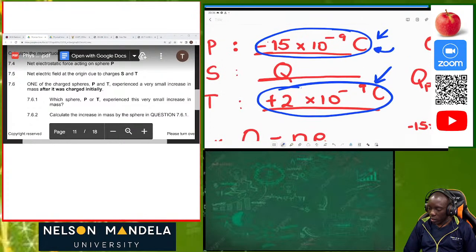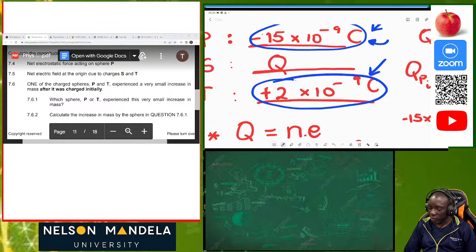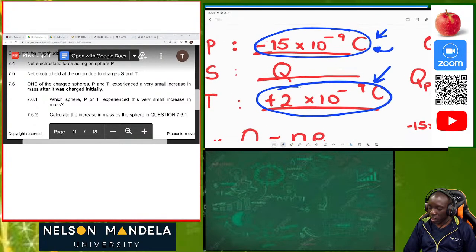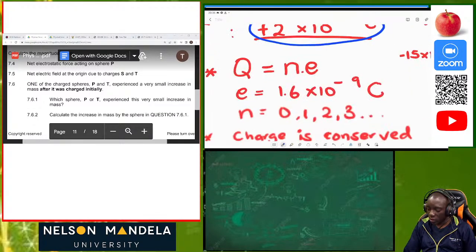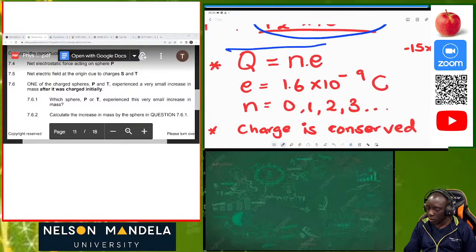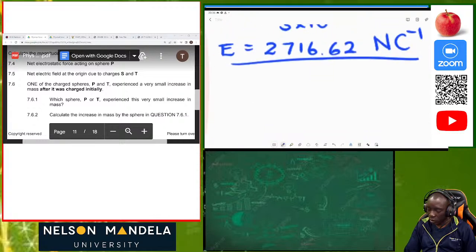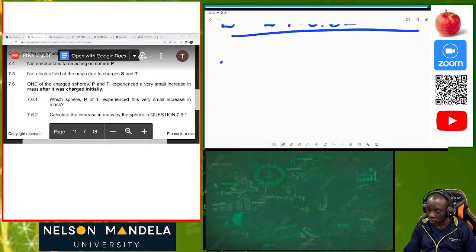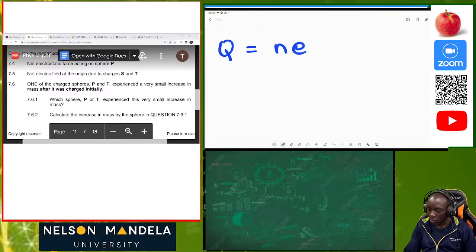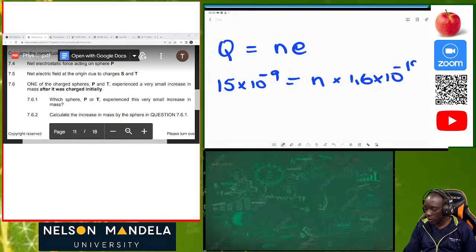Now we can determine that mass by first finding the number of electrons that are responsible for this charge, and we use this expression. Let's see how many electrons that is, with Q equals NE, Q being 15 times 10 to the -9 equals N times 1.6 times 10 to the -19.